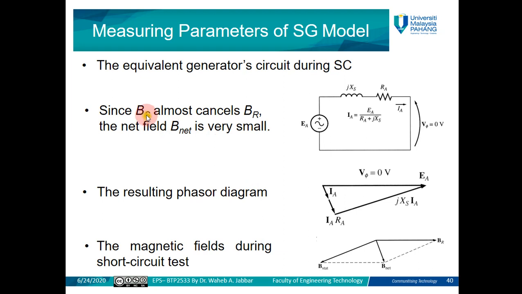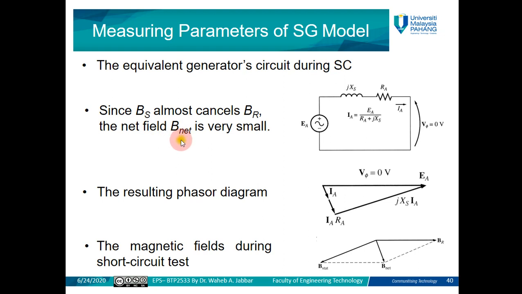Usually, as we said before, the magnetic flux of the stator almost cancels the magnetic flux of the rotor. So the magnetic flux generated in the rotor and the magnetic flux in the stator cancel each other. After we consider the direction of both magnetic fluxes in stator and rotor, we get the B net here.